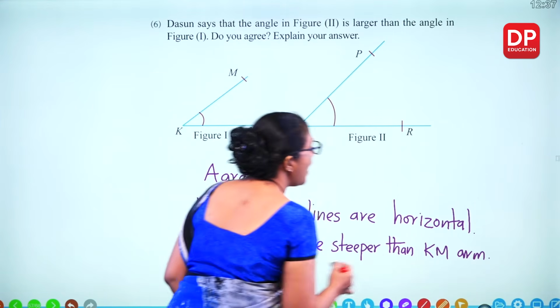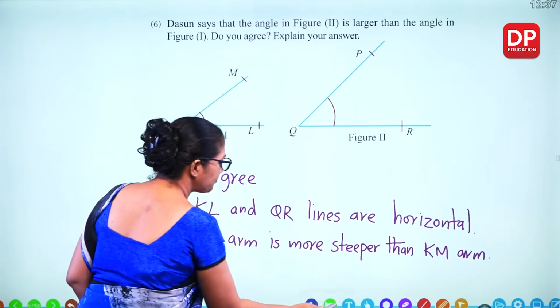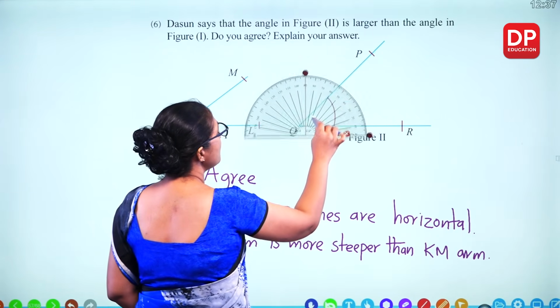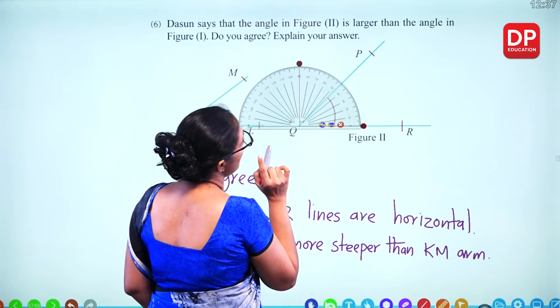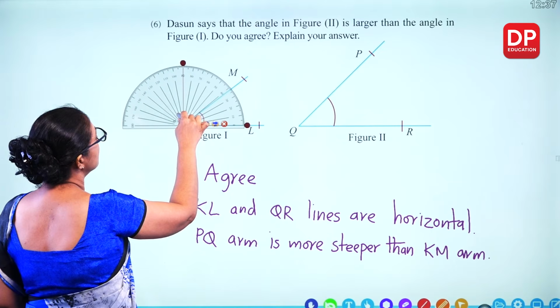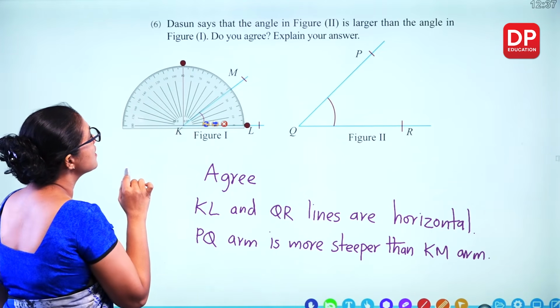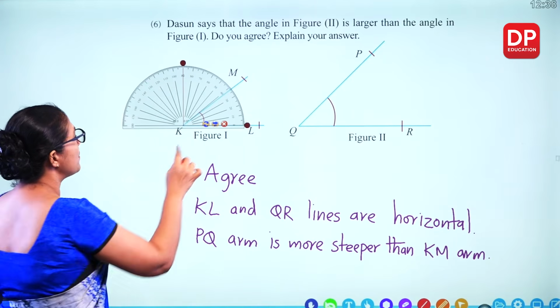So the angle is bigger. You can measure and see roughly. Keep it here and see. Here this is like 45. What's this angle? This is 30 something, 38. So this is bigger.